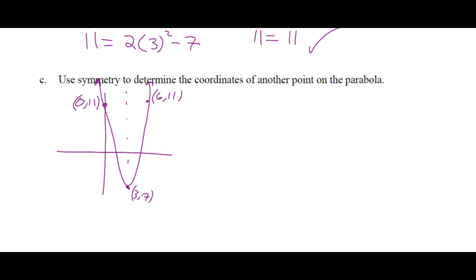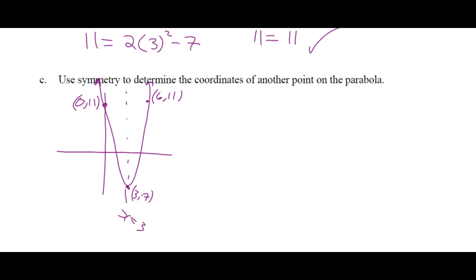Okay. x equals 3 is the axis of symmetry. So by symmetry, if I'm 3 units to the right of the axis of symmetry and I've gone 11 units high, then if I go 3 units to the left of the axis of symmetry, I must also be 11 units high. Make sense? You could have plugged something else in, but this is the easiest one.